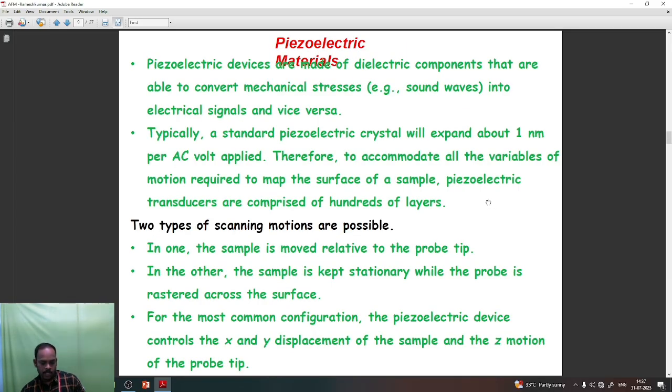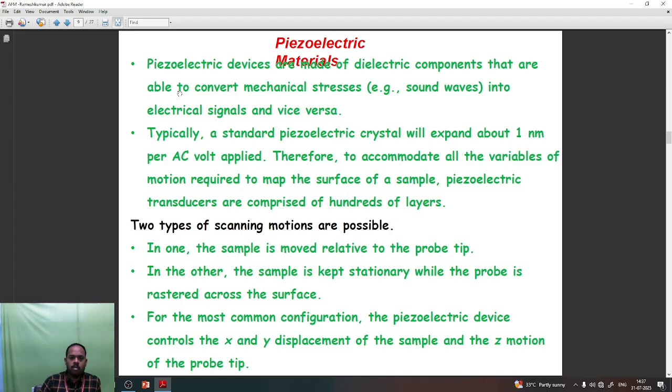So what is the role of the piezoelectric material? Piezoelectric devices are dielectric components that are able to convert mechanical stresses into electrical signals. This is what I told you already. It will convert mechanical stresses into electrical signals, or electrical signals into mechanical change.